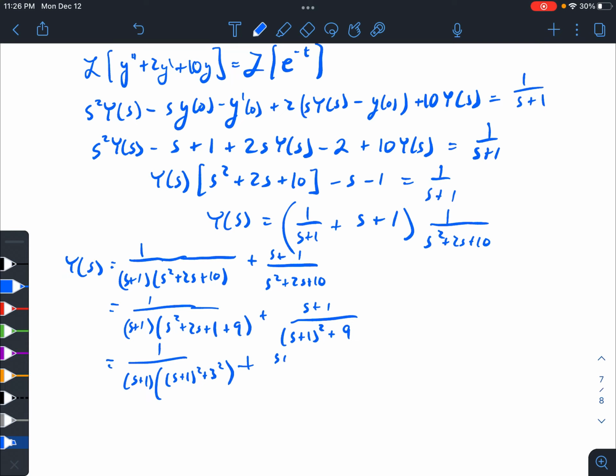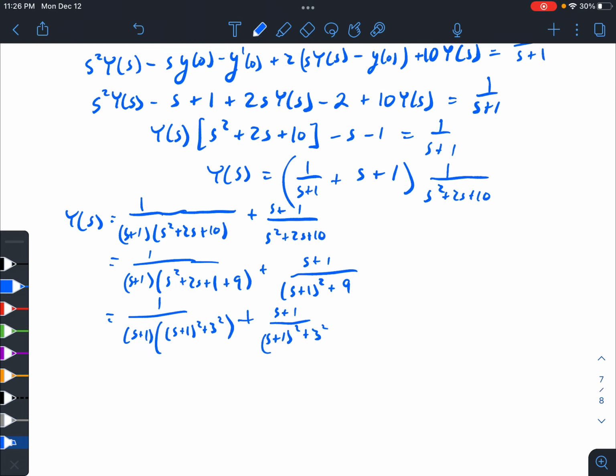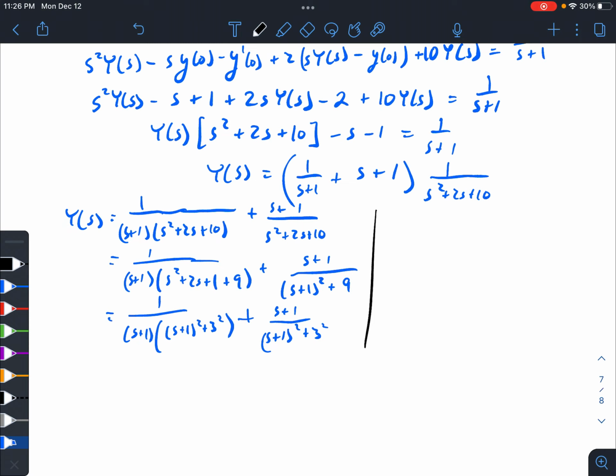We're going to have to do completing or partial fractions on the other thing. Okay, let's do that over here. So 1 over s plus 1 times s squared plus 2s plus 10 is equal to a over s plus 1 plus bs plus c over s squared plus 2s plus 10.